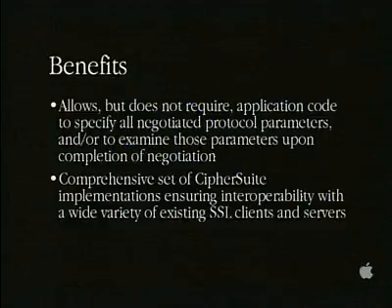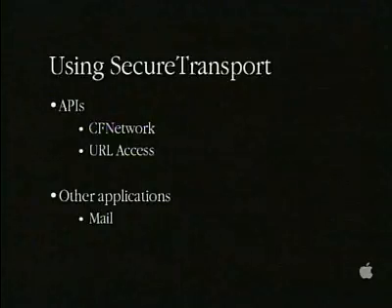The other benefit of this is that it actually gets to springboard or use all the algorithms that are contained in our CSP, so that basically just about anything that the transaction hits along the way can be handled with the combination of all of our algorithms. Internally, CF Network and URL Access are APIs that actually use secure transport. There are other applications at the higher levels that then benefit automatically from that. Mail is actually using this for the SSL connection as well.